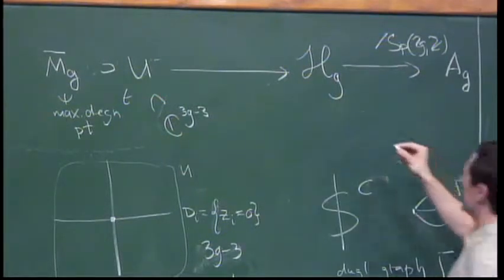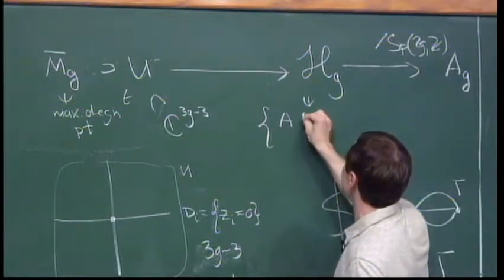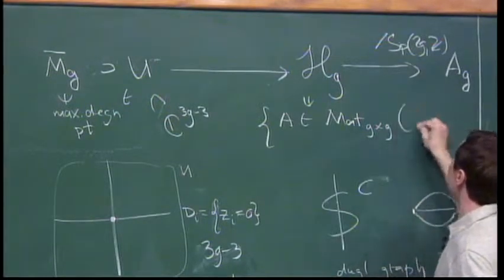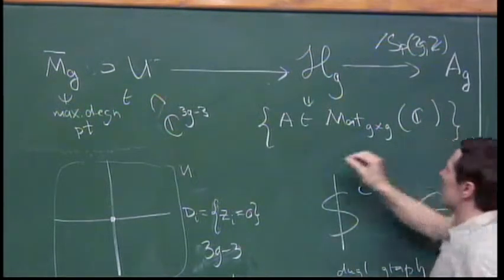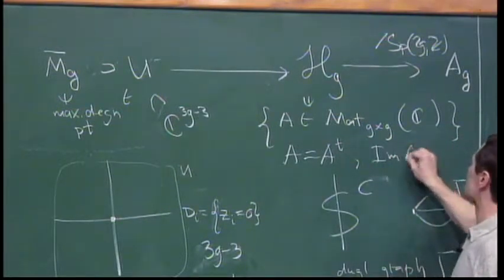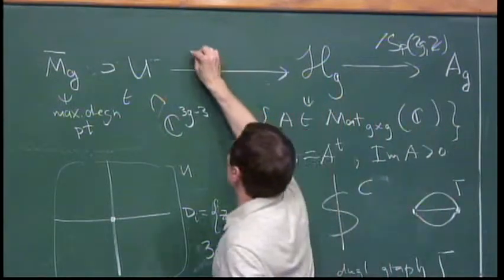And a point in here is represented by a g by g complex matrix. It is symmetric, and the imaginary part is positive definite. And this map is, of course, multivalued.